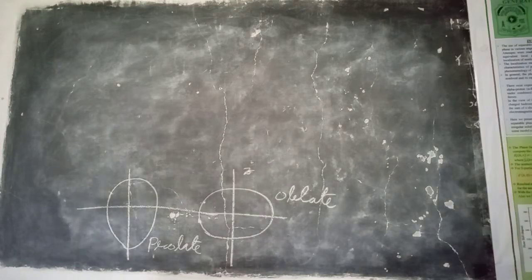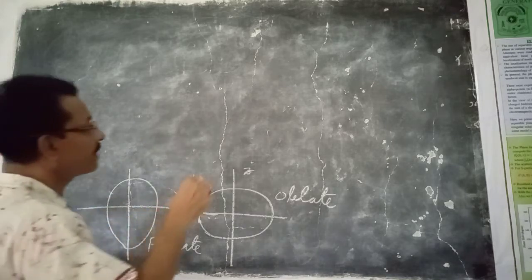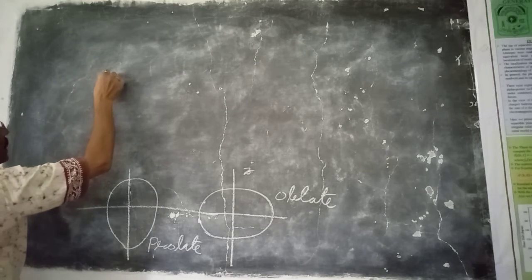Now, if we consider here the J-axis as the symmetry axis, that is, J means the spin of the nucleus.